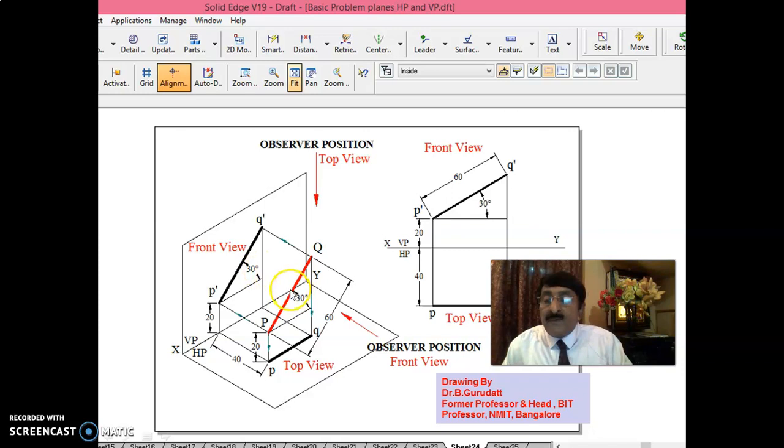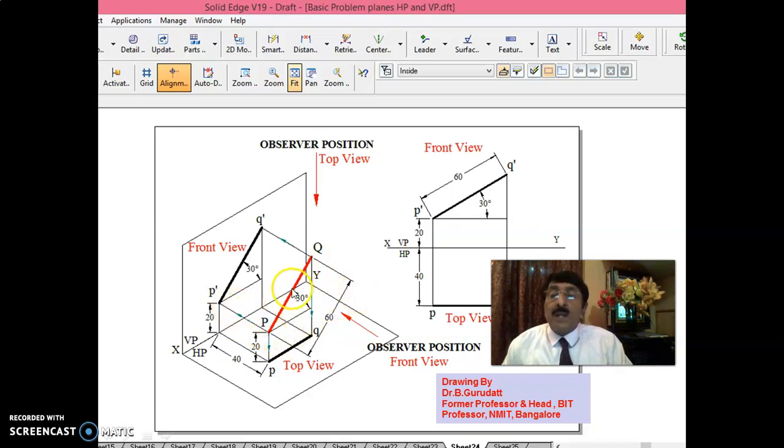That means I'm pivoting at M and rotating the line, let us say 30 degrees to HP. And if I want to give inclination to VP, I'll move Q this way, so that when Q goes nearer to VP, P comes nearer to the observer. Or if Q comes nearer to the observer, P goes nearer to VP.